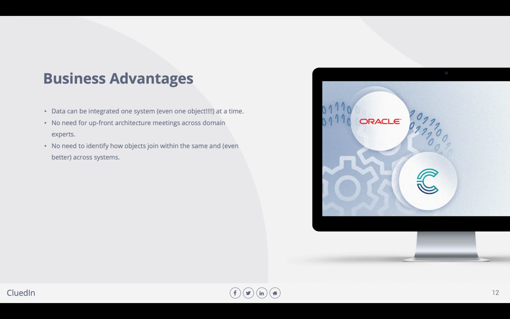The other business advantage is that there's no need to identify how objects join within the same, or even better, across systems. So when we interview these domain experts, what we don't require is to ask them, how does the people table join onto the company table? And that is wildly advantageous because suddenly we can let technology figure out how these records are linked.